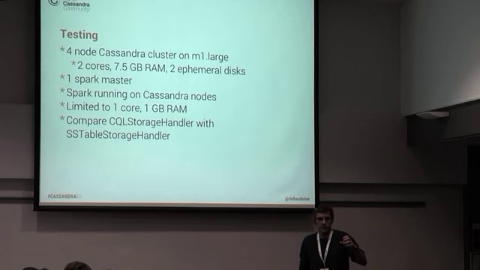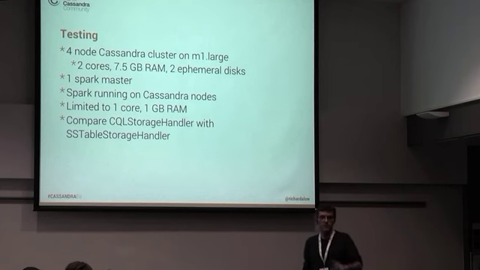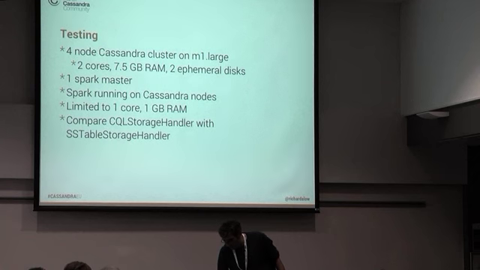I set up the Spark workers on the 4 Cassandra nodes, and I limited each worker process to only use 1 core and 1 gig of RAM. So you can tell Spark, you're only allowed to use these resources on these nodes. What I wanted to do was compare the CQL storage handler with the SSTable storage handler. So I've got some results from that.